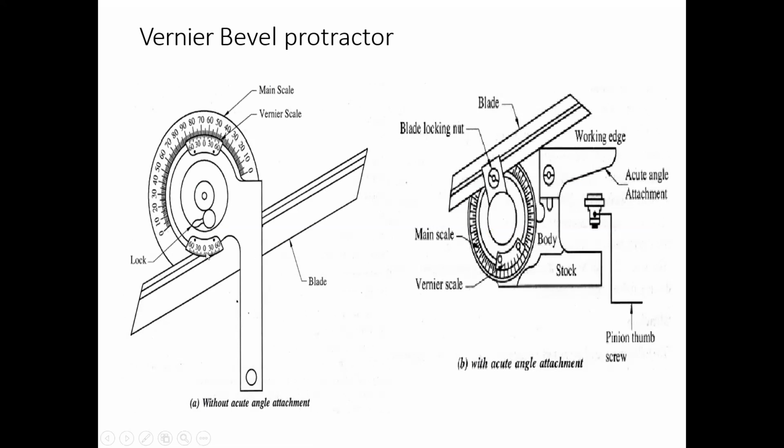In this first picture, there is no acute angle attachment. If you want to, you can attach it. This is a movable blade, and a blade locking nut is there. This is all about the different construction components of the vernier bevel protractor.